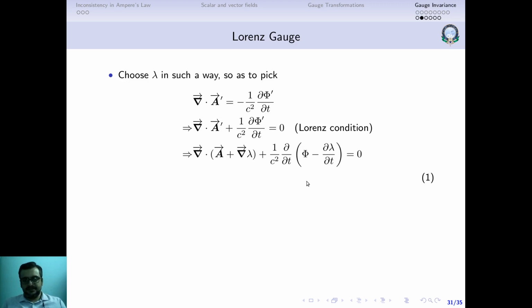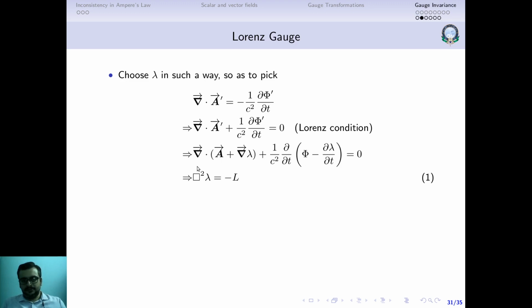These are straightforward because this is the general prescription for finding the transformation, and we can easily identify here that the divergence of gradient of lambda will give us the Laplacian of lambda, and then we have 1 by c square dou square lambda by dou t square.